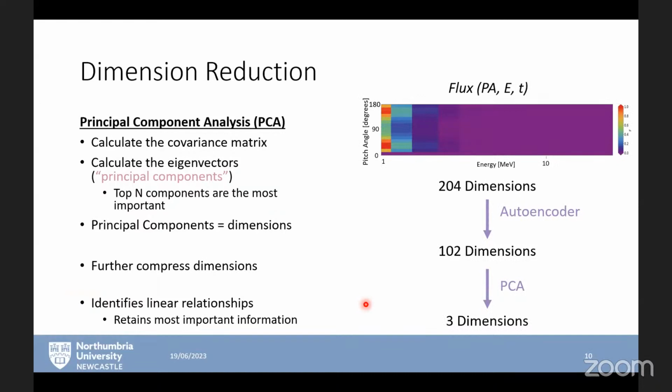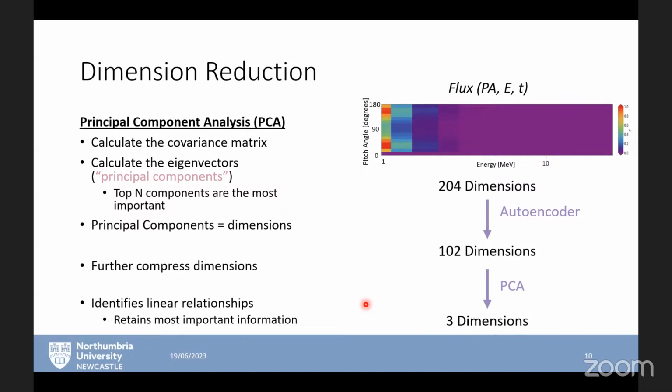And principal component analysis works by first calculating the covariance matrix of the data itself. It then computes the eigenvectors of the covariance matrix, and these are known as principal components. And due to the hierarchical nature of the eigenvectors being returned, the top n components are considered to be the most important, as they contain the most information. Now, the number of principal components directly correlates to the number of dimensions.